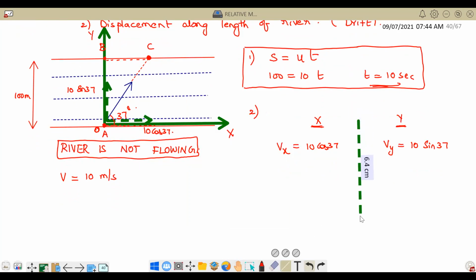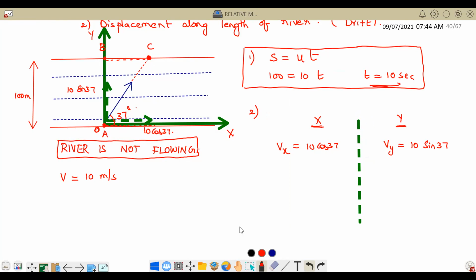You can calculate time in the x direction or y direction, it doesn't matter, but generally we calculate in the y direction. Why? Very important point, please listen carefully.